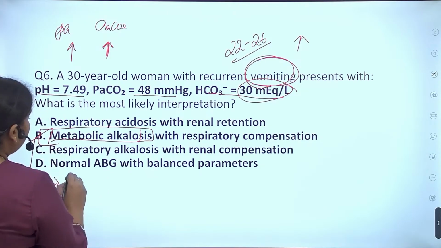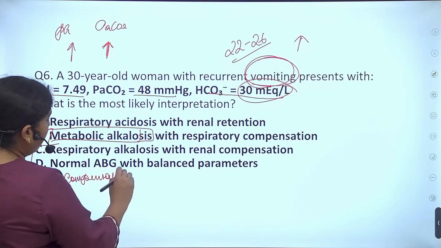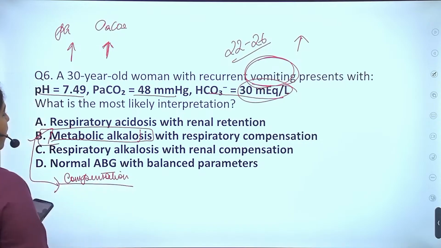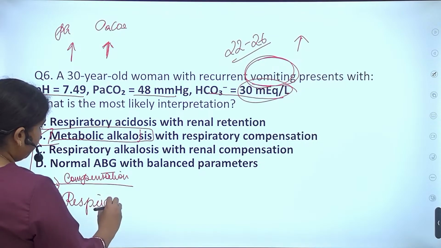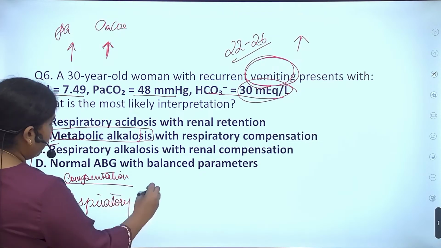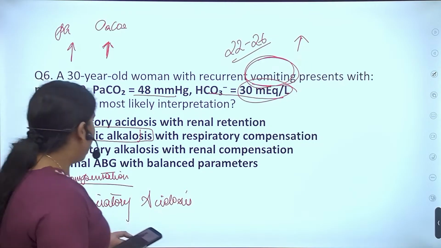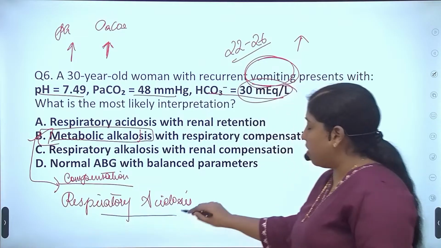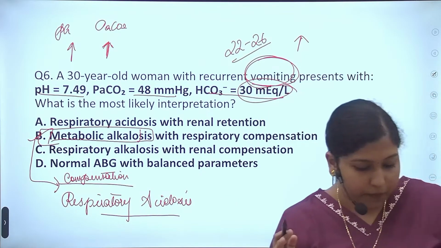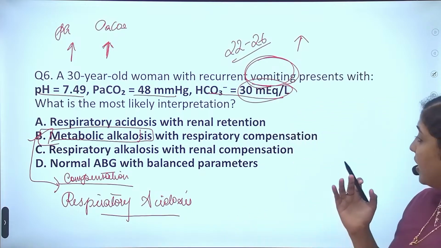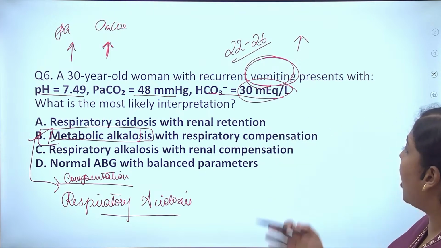The compensation of metabolic alkalosis is respiratory acidosis. So if the patient is going for respiratory acidosis, either he will be having hyperventilation or hypoventilation.